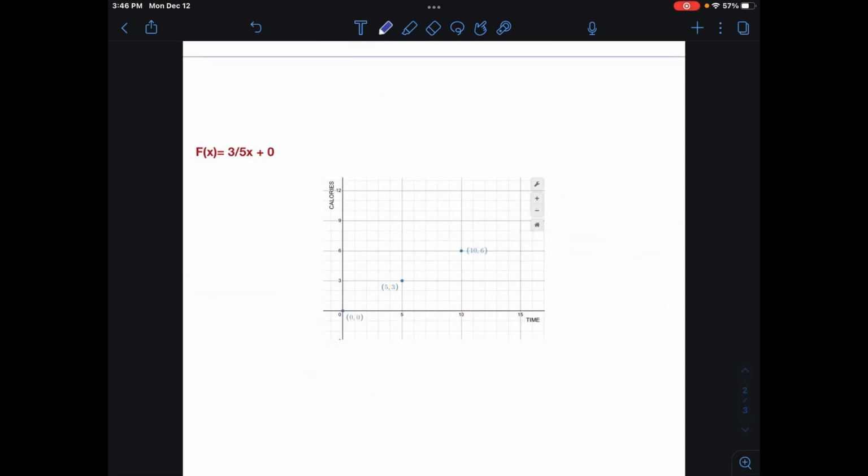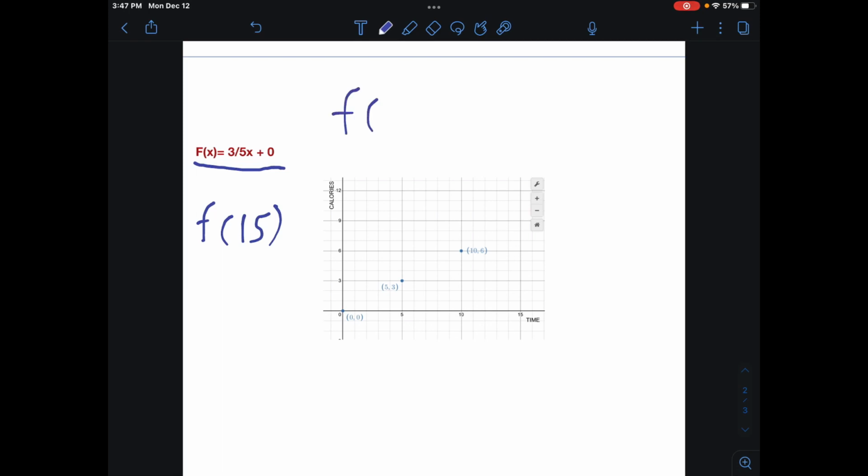All right, now that we have our function, f of x is equal to 3 over 5x plus 0, we can go ahead and play with this function and use different values for our independent variable, or our input, which is x. Just off the top of my head, let's say we spend 15 minutes at the gym or doing exercise wherever.